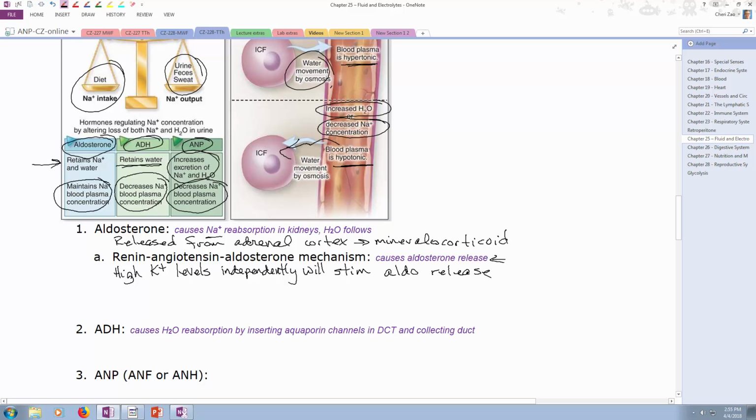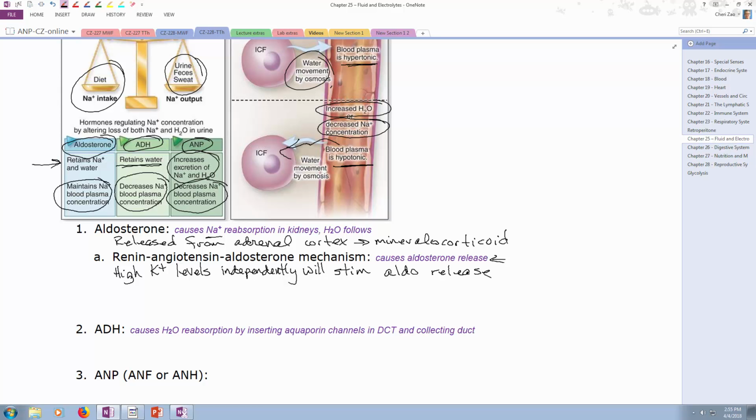So two mechanisms: the renin-angiotensin-aldosterone mechanism and high blood potassium levels. One of the things that happens when aldosterone is released, we save sodium and save water, put it back into our intravascular tree, and we excrete potassium. So aldosterone does that for us.